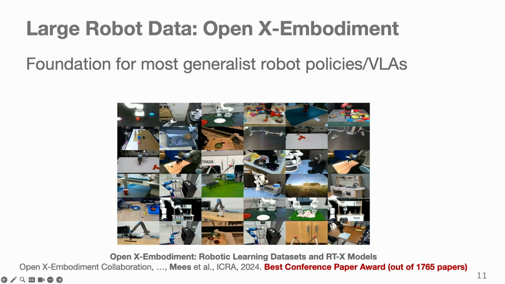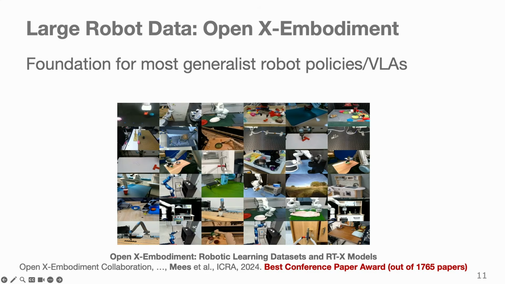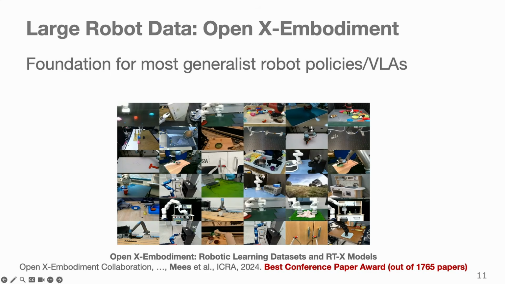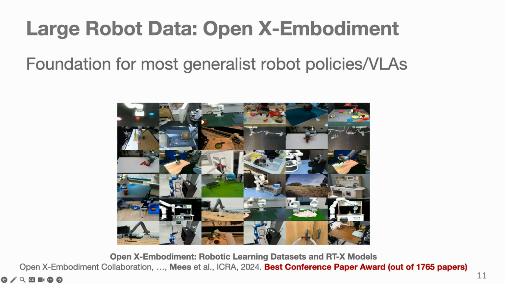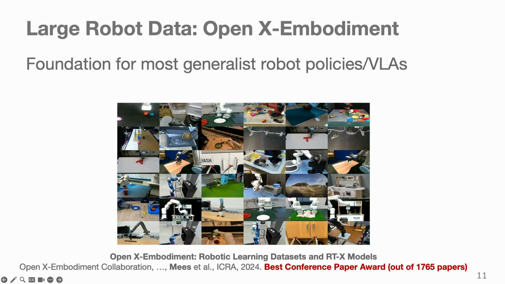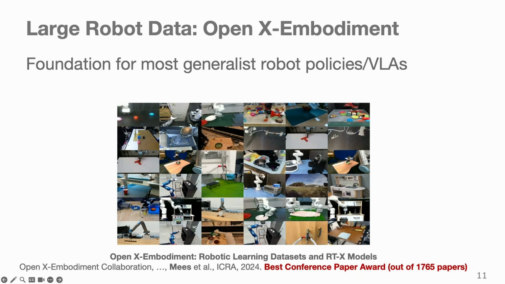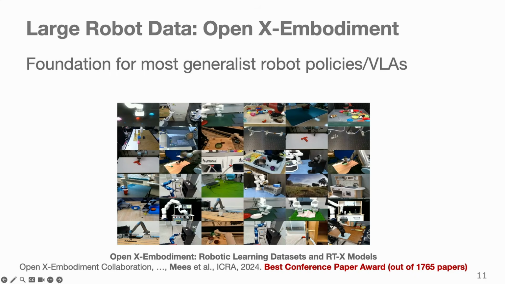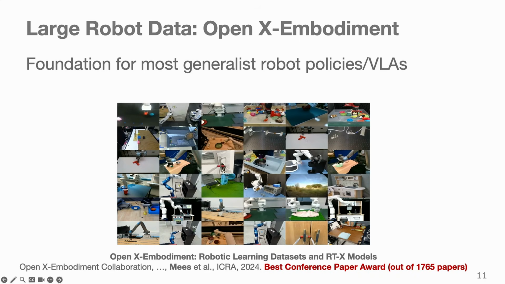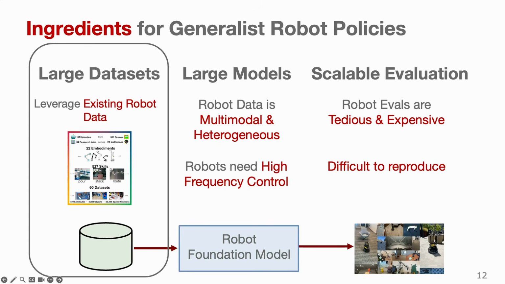And so this paper has been quite impactful because it allowed algorithmic progress on the modeling side of generalist robot policies by making it possible to train on over 1 million diverse cross-embodied robot trajectories for the first time. Many of the works I will present today build upon this data set, or use it as their foundation.